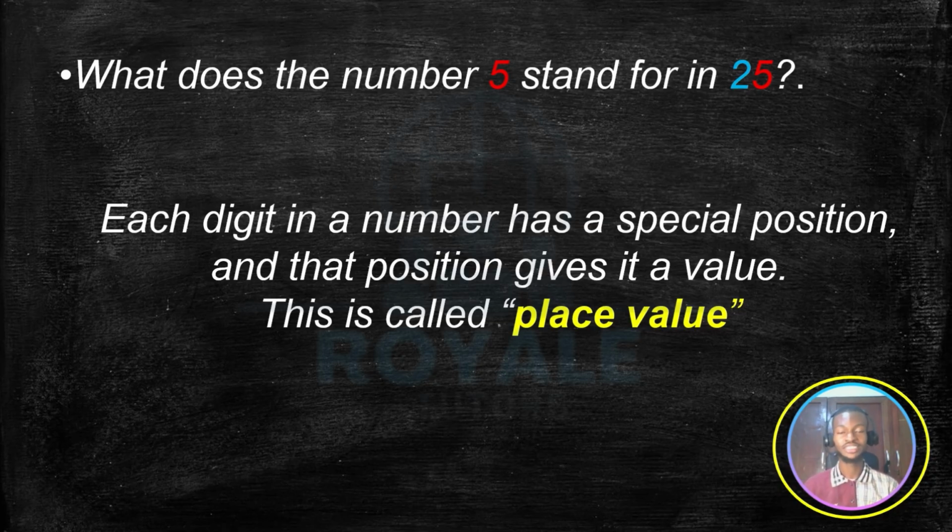That is, we have digit 5, we have digit 2, we have digit 3. Those are their face value. But when a digit like 3 or 5 or 7 finds itself in a position in a number, the position gives it a value, and that value is what we call place value. That is it.